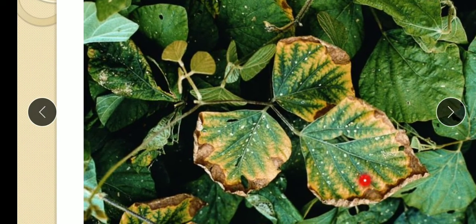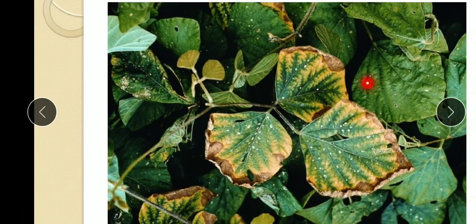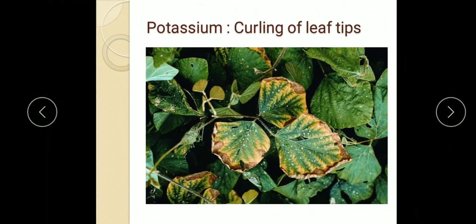You can see here this curled leaf, and leaves turn brown with yellow spots. You can see here that leaves are turning brown in color and yellow spots between the leaf veins. So this is the curling of leaf tips. This disease takes place due to deficiency of potassium.